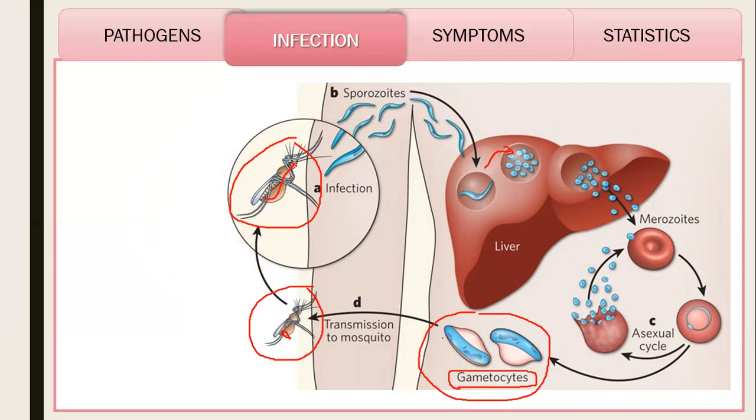And when this mosquito bites another person, in this way these parasites are transmitted from one person to another. The parasite needs both of these hosts. If one host is absent, the life cycle cannot be completed, and the parasites die together with the host.